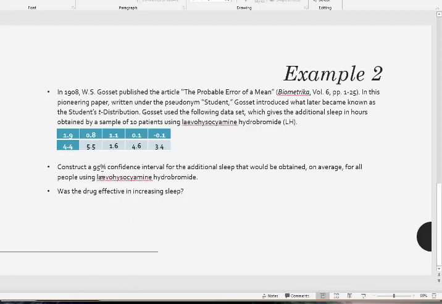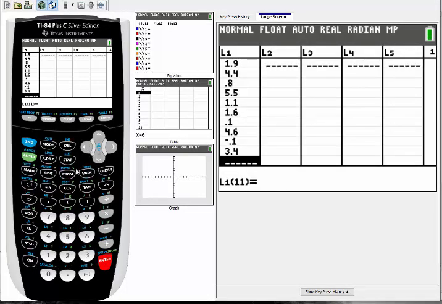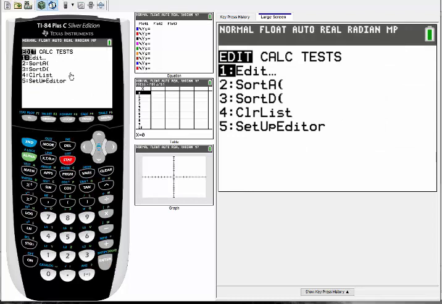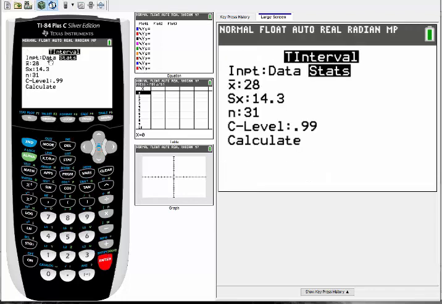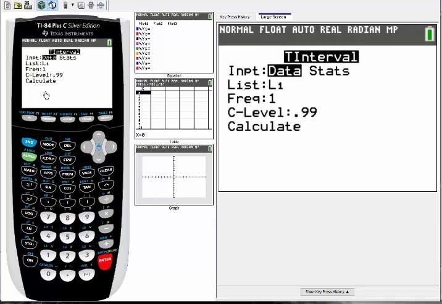Now it says construct a 95% confidence interval for that additional sleep on average. So I'm going to go back and press the Stat button. Again, I'm going to go over to tests. You want number 8 here. And now you're going to go over to data. So you hit data and you hit enter. And it's going to say your list is in L1. Great.